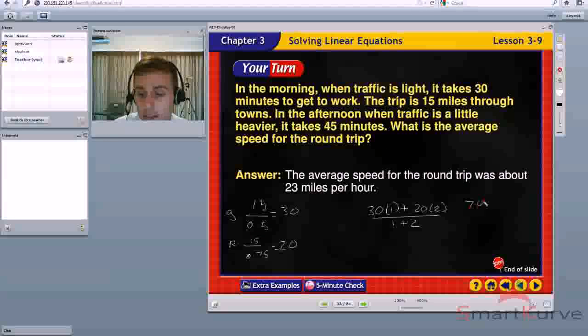So we have 70 divided by 3, and that will give us 23 miles per hour. The average speed for the round trip was 23 miles per hour.